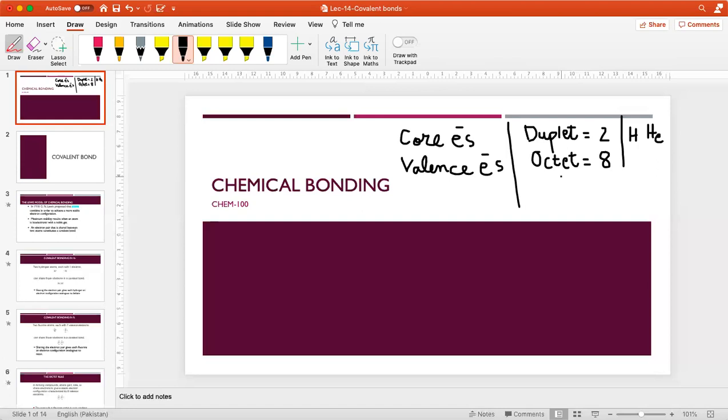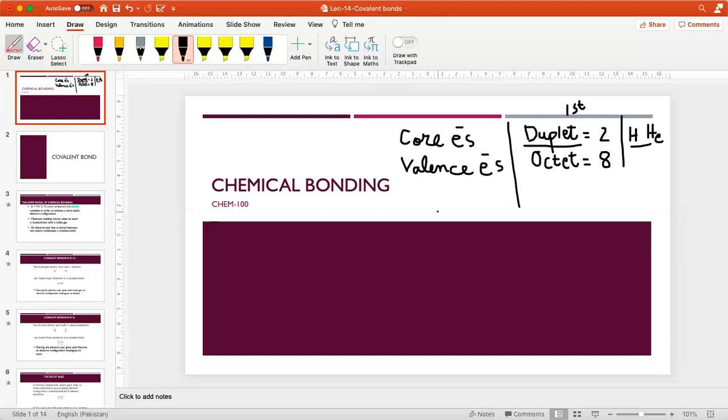This means that the first shell of every atom of an element has a duplet. Everyone has this duplet. The octet is not in hydrogen and helium; octet shells are not present there, right? You have to understand this. The rest all have it.